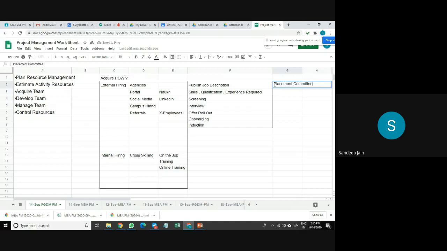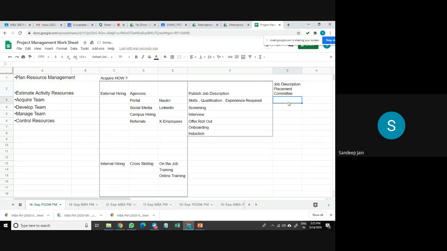Let's assume everyone in the committee is doing everything, because I would like you to focus more on the applied part of the project management. And that is where the learning is. You can just have 3 points. That is good enough.